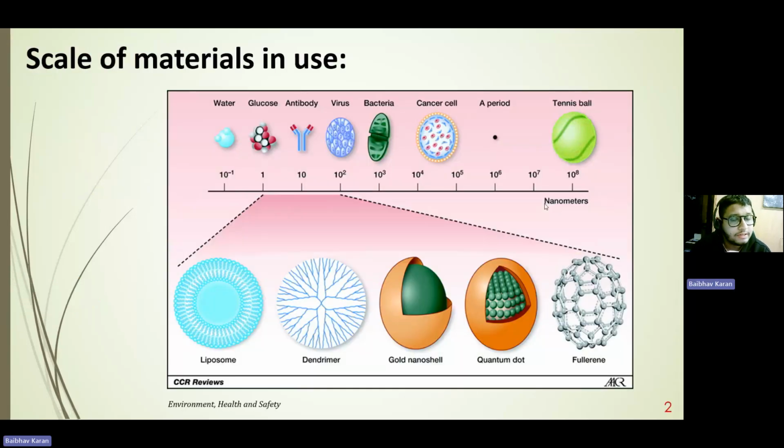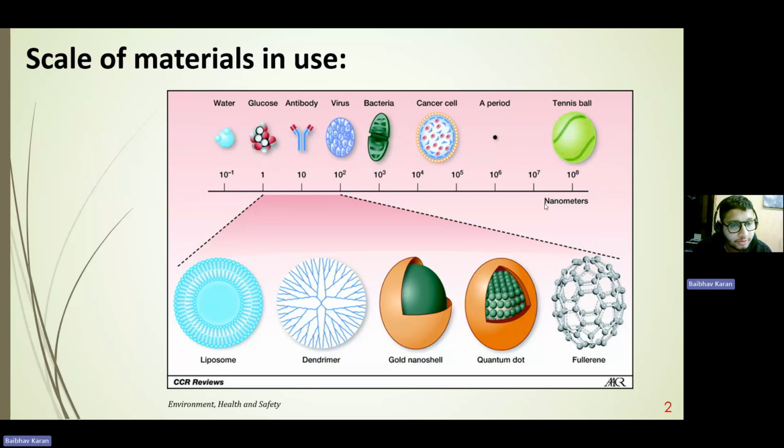This is a slide to just give you an idea about the different sizes of materials we use in our daily life. Starting from the tennis ball, which is around 10 to the power 8 nanometers in diameter, then coming down to around 10 to the power 4 to 10 to the power 5 are the cancerous cells, and the biological organisms like viruses, bacteria.